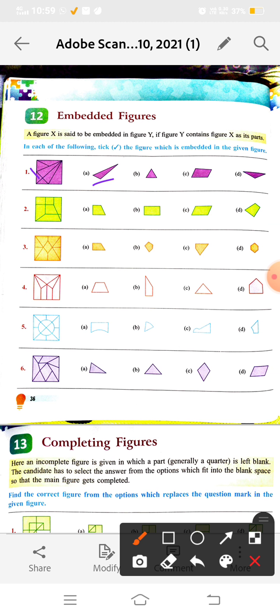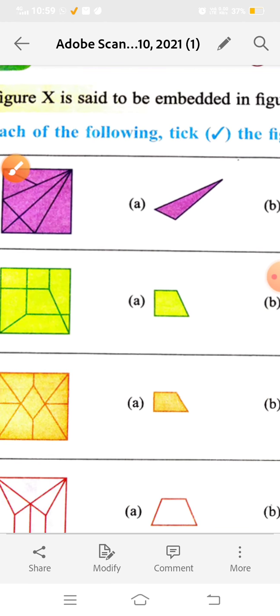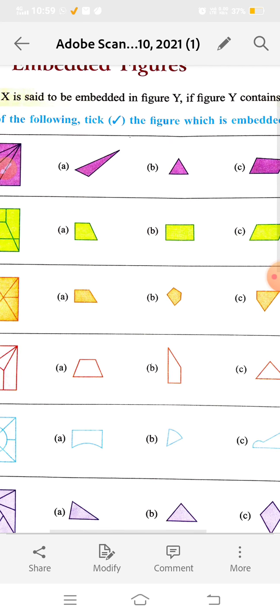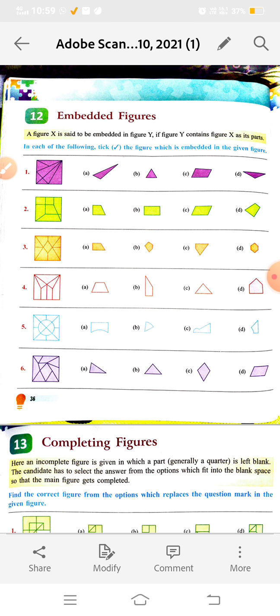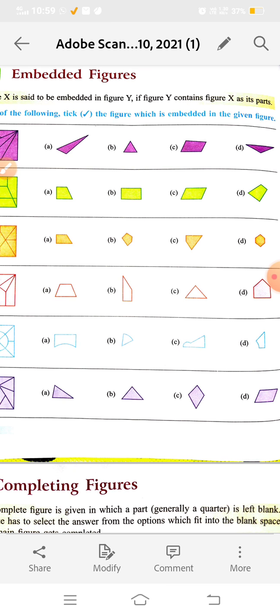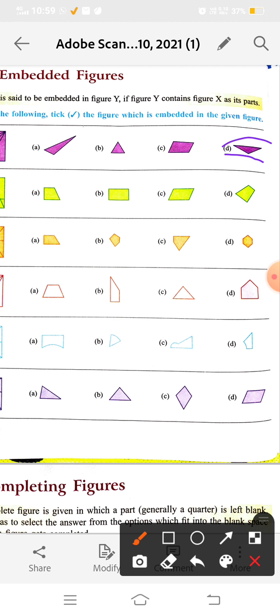Here is a triangle in this, but we have a small triangle, so it should not be our answer. And this type of picture, we don't have in the figure, so this is also not our answer. And D, see, D is our right answer.